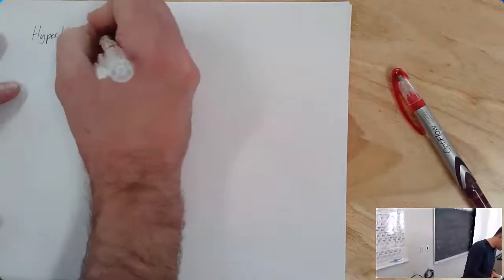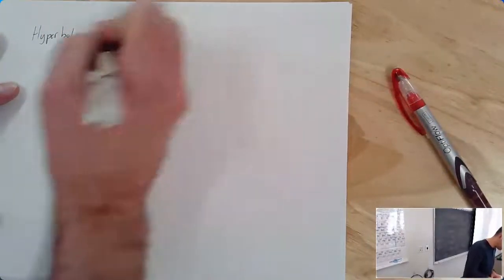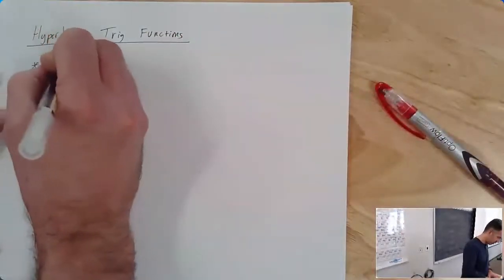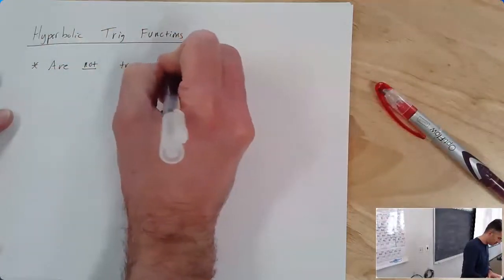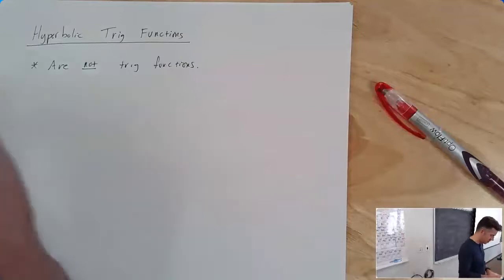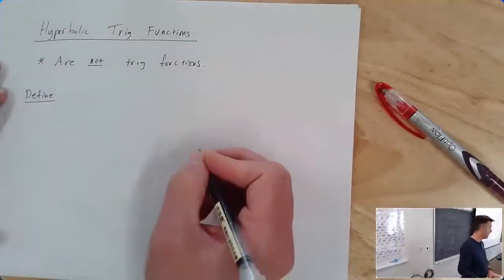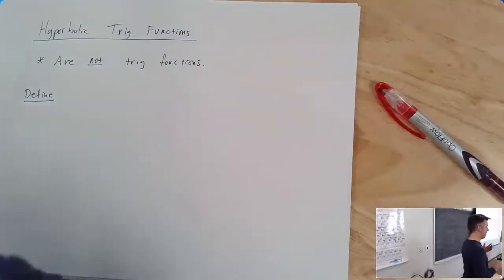Really, they're not that bad. So first things first, hyperbolic trig functions are not trig functions. They are not trig functions. Good to know. They're actually exponential functions. So we define hyperbolic sine and hyperbolic cosine in the following way. Some people, so I will say you should never, in my opinion, you should never say sin or cos or tan.